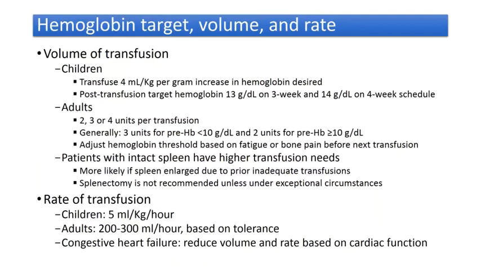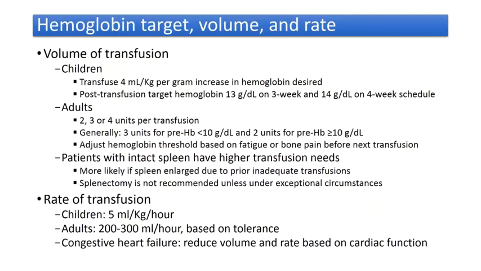Finally, patients who have intact spleen, which we expect almost all the patients now to be, are likely to have higher transfusion needs. But this is even more so if the prior transfusions have been inadequate and if the spleen has become enlarged. Splenectomy is no longer recommended unless under exceptional circumstances.